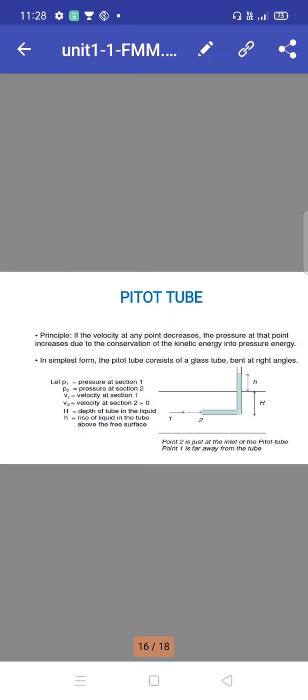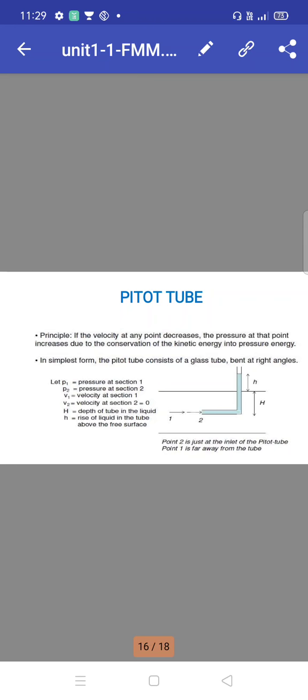We can simply say the pitot tube consists of a glass tube bent at an angle. The points we discussed are pressure at section 1, pressure at section 2, velocity at section 1, and velocity at section 2.